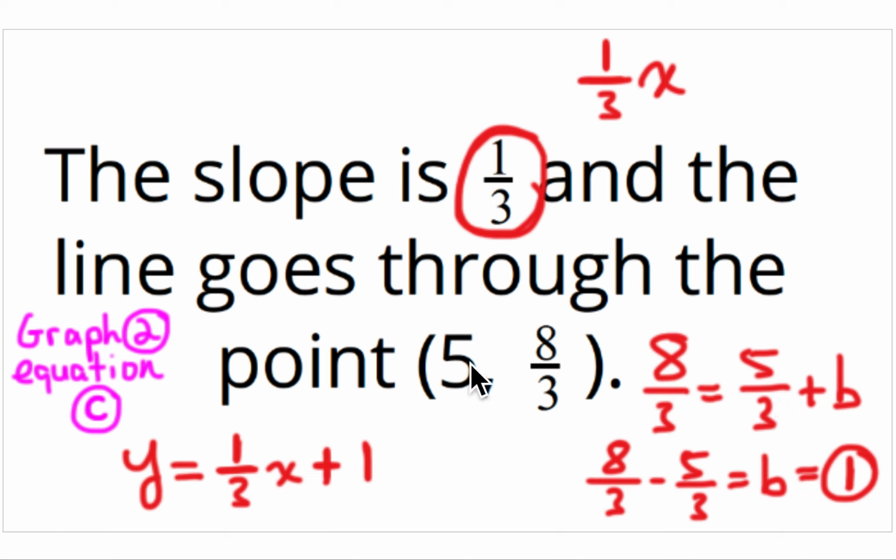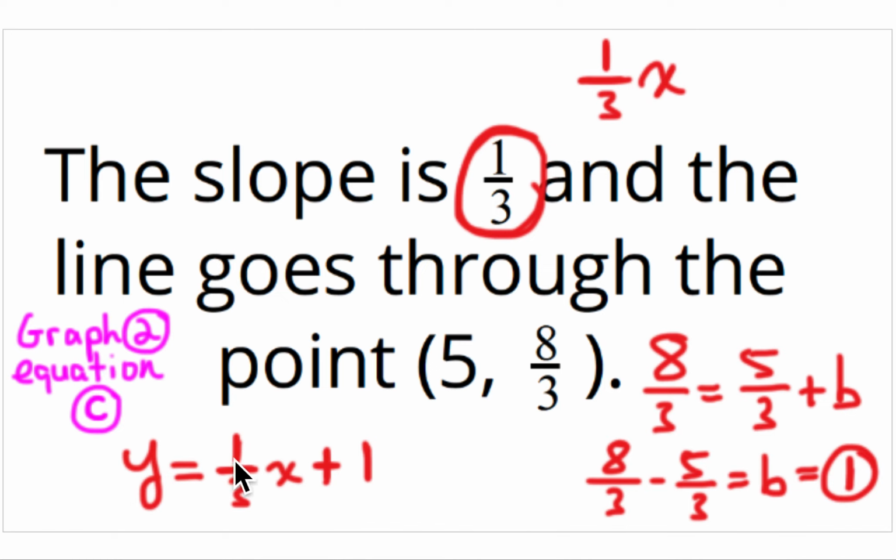The x value is 5, and 1/3 of 5 is 5/3. That's where I'm getting the 5/3 from. And then you add b to that, whatever b is. Well, with 8/3, you have to subtract this 5/3. 8/3 minus 5/3 is equal to 3/3. 3/3 is equal to b, so the y-intercept is equal to 1.